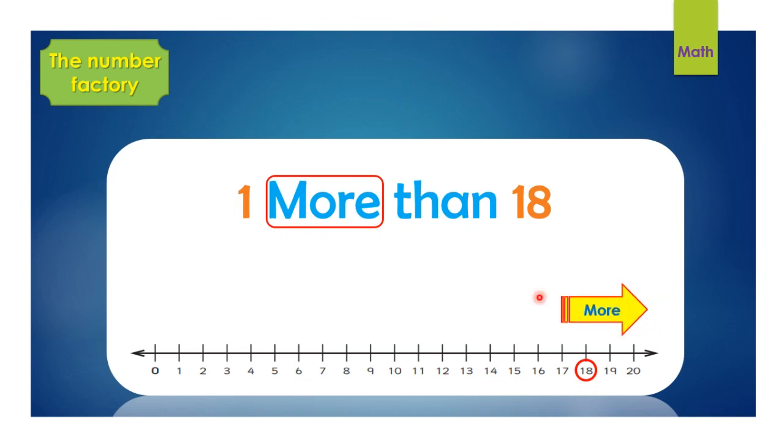Excellent. How many jumps? Just one. Okay, let's jump one. Now, what's the number here? 19. Excellent. So, 1 more than 18 will be 19. So, if I added 1 to 18, it will be 19.